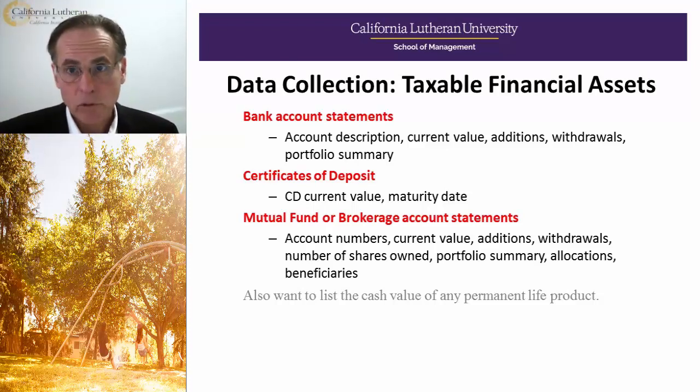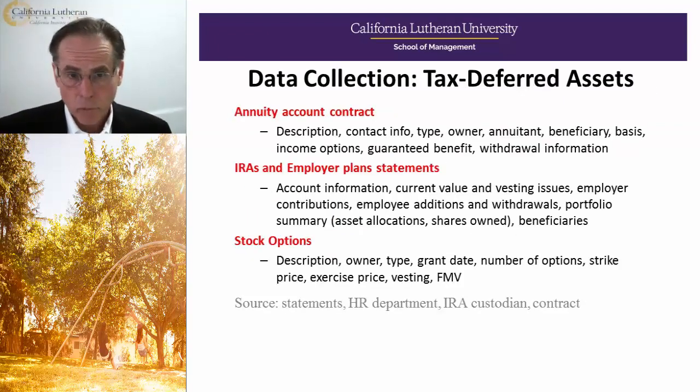So that was the taxable financial assets. Let's look now at the tax deferred. So when we're doing this, we're looking at mostly retirement type assets: annuities, qualified retirement plans, and also non-qualified plans, which would be another form of tax deferred asset.